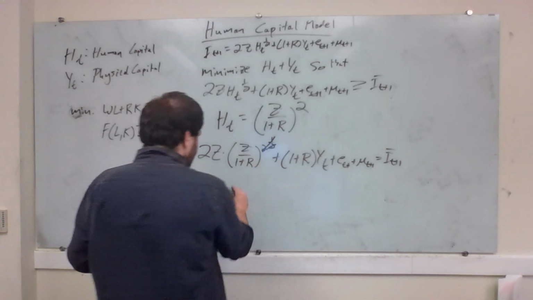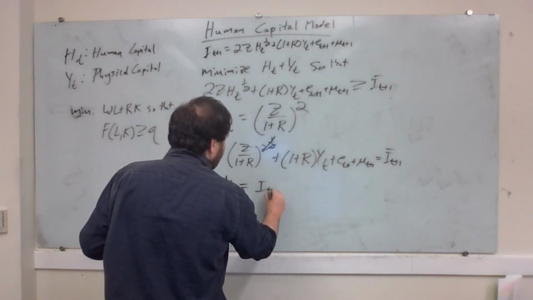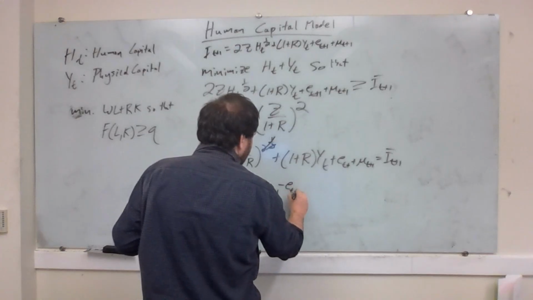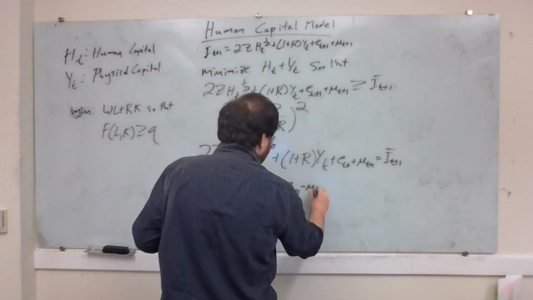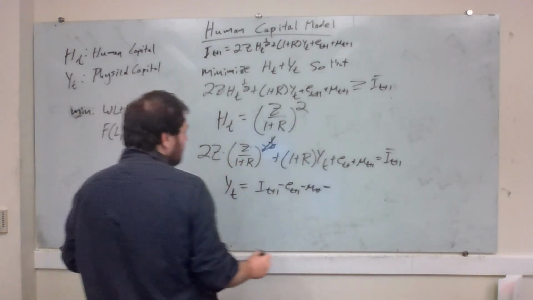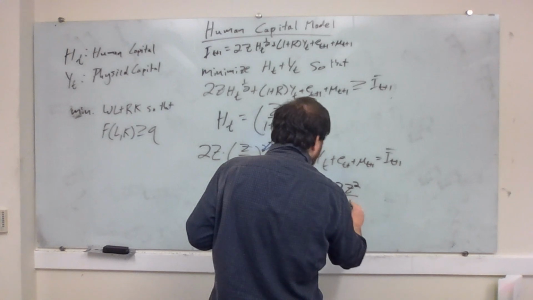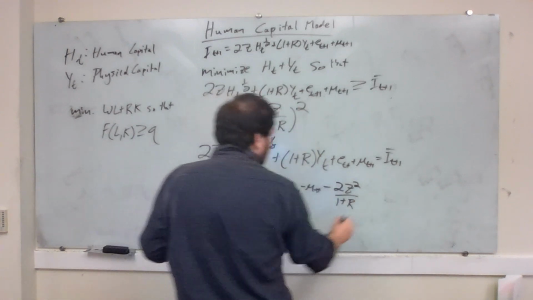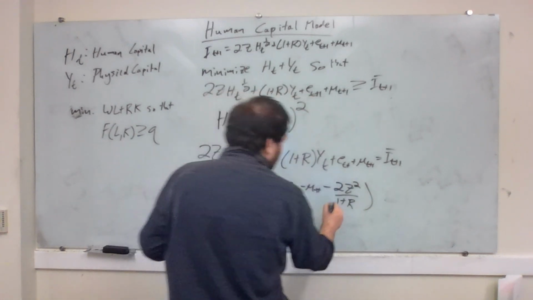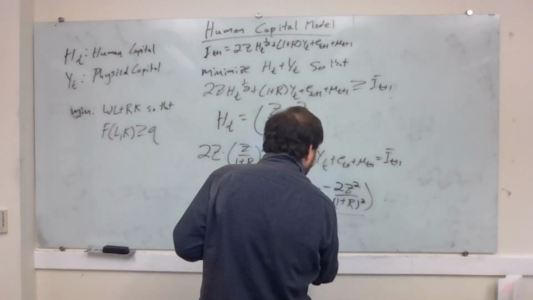So what we get is Y_t equals I_{t+1} minus E_{t+1} minus mu_{t+1} minus our return on human capital, which is 2z squared over 1 plus r, all over 1 plus r.